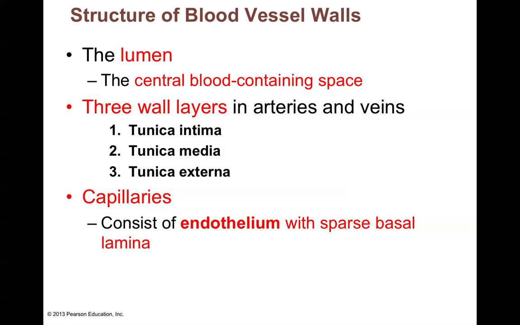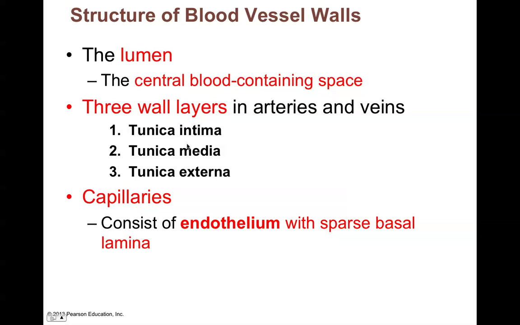There's actually 3 wall layers in arteries and veins. You have from the inside tunica intima, then tunica media, and then tunica externa. And you can consider intima being the most inner layer. Media, obviously, it sounds like it's in the middle, and then the external layer going around the outside, which is, of course, inside the body.